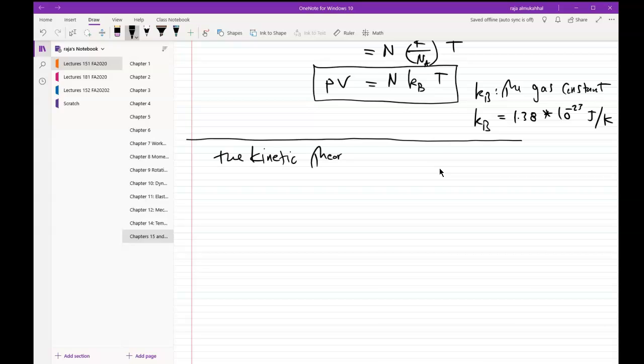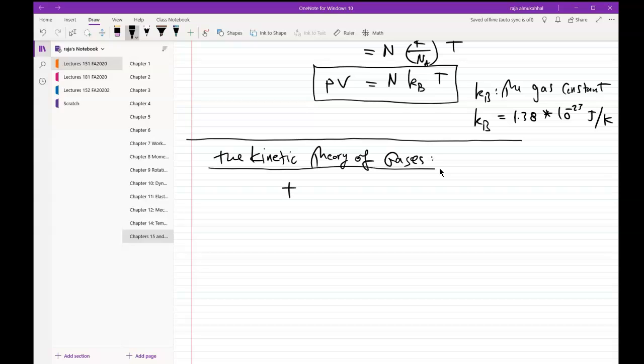There is a lot of derivation to the formula that I'm going to show you. You don't need to know that derivation. But basically, it boils down to one particular formula that is a remarkable formula. It's one of the most important formulas that came out in physics in the late 19th century. Basically the formula says that the temperature is proportional to the average molecular kinetic energy.